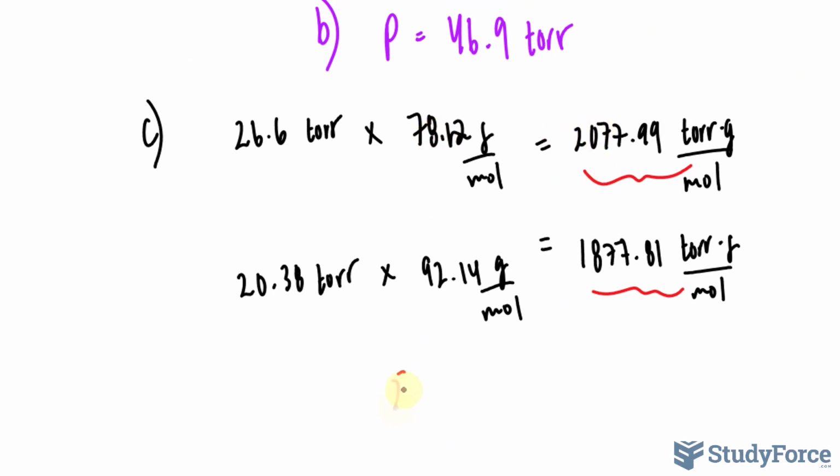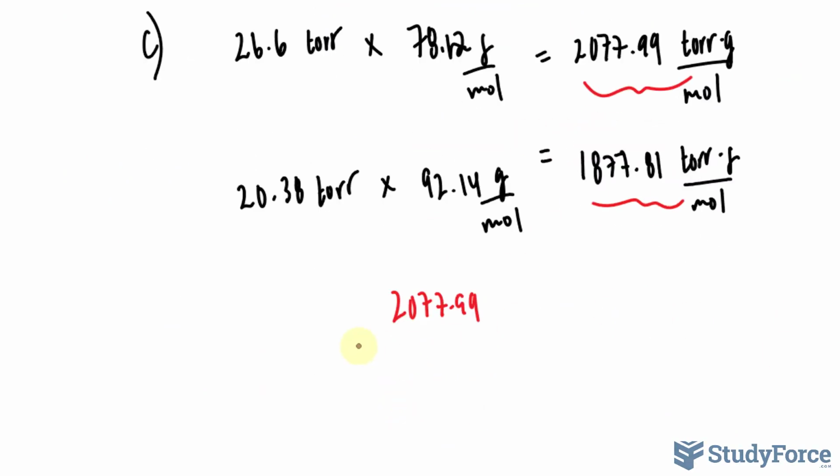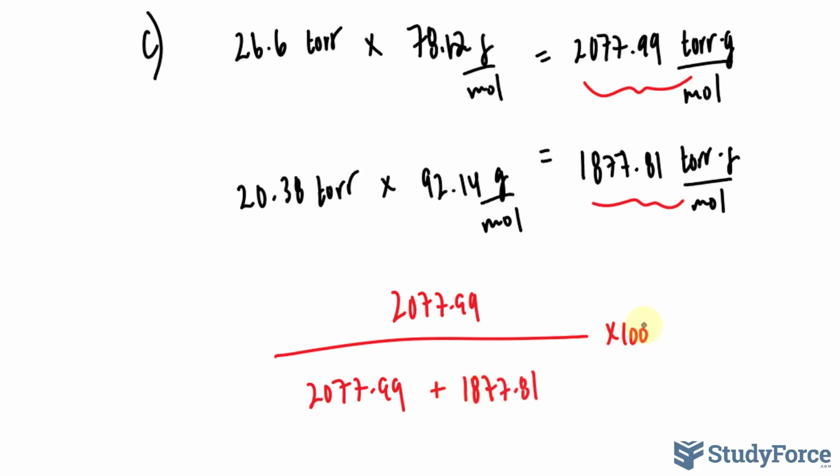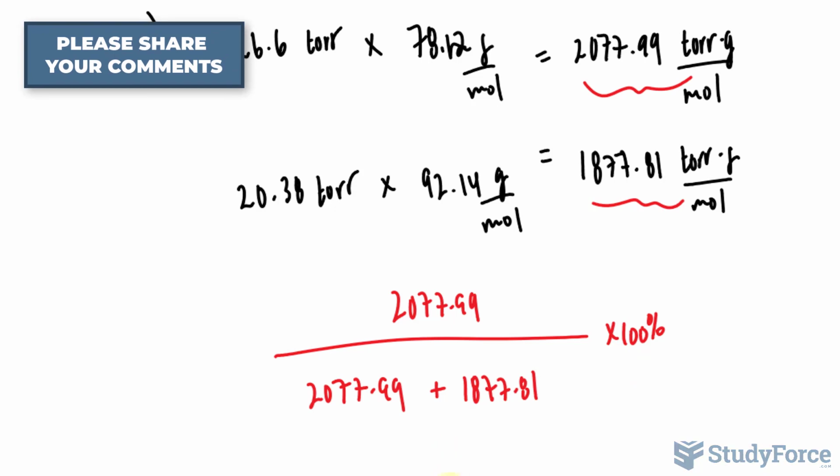Okay, so once we find these numbers, we can find the composition of the vapor in mass percent by taking, let's start with 2077.99 divided by the same number plus this number, multiplied by 100%, and this should give us the percent by mass.